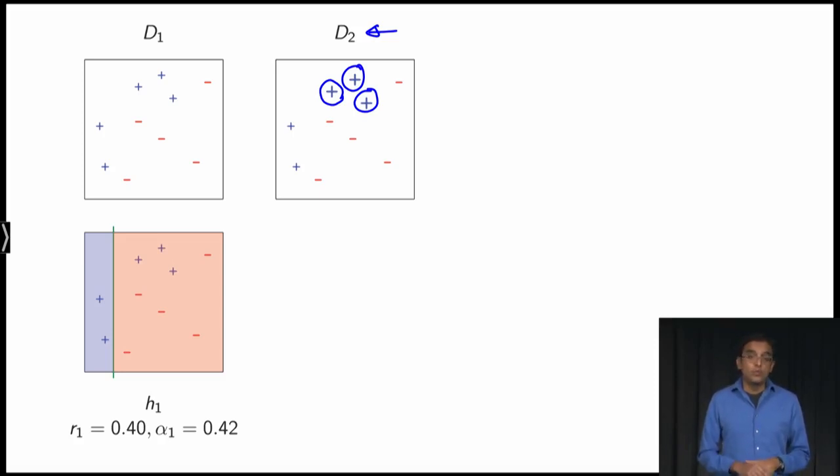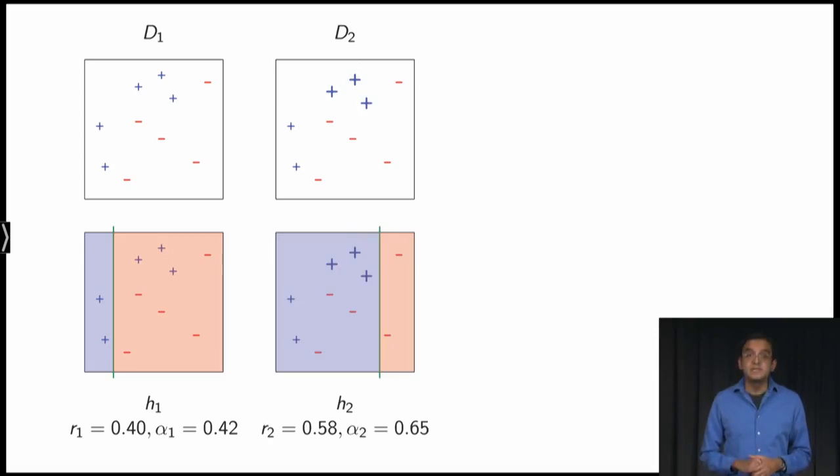At this point, the weak learner is not allowed to give us back H1, because H1 does really badly on this reweighted data set. So the weak learner has to give us back something different. And let's say that this is what it gives us. It gives us this new boundary, also along the same feature, x1. And this time, it gets a different bunch of points wrong. The points it gets wrong this time are these 3.